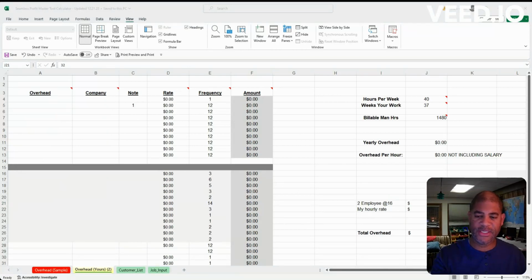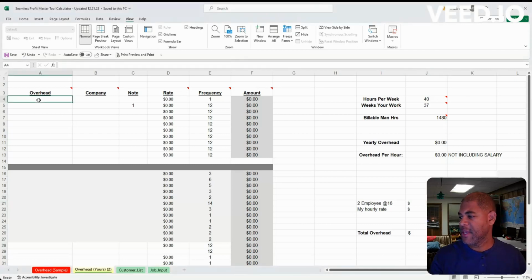So you may decide to list here the expenses that you have. Maybe it's a mobile phone. And then over here you may have storage. And then you may have various other monthly expenses.